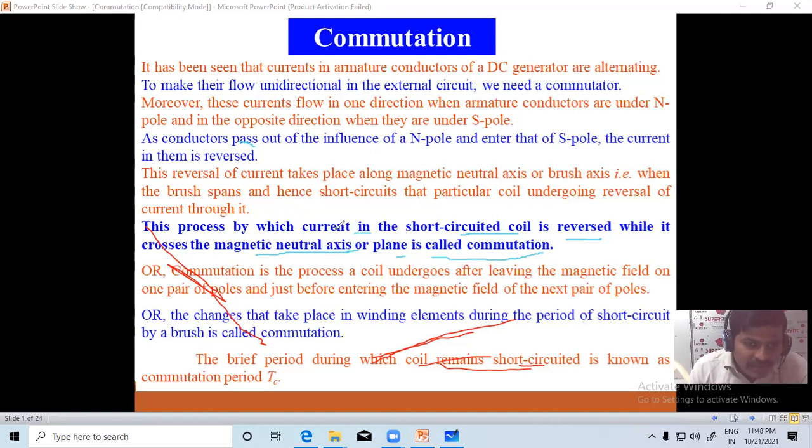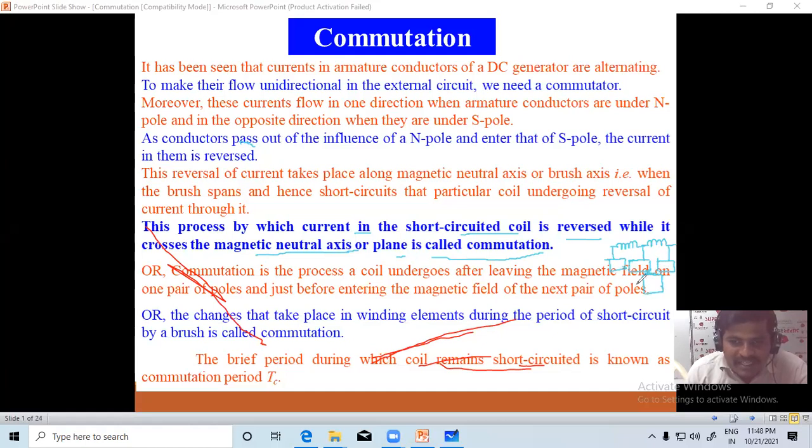See, this process by which current in the short circuited coil, suppose we have considered one coil, suppose this one is one coil, this one is another coil, and each coil is connected to a commutator segment. As we know, each coil is connected to a commutator segment, and the brush is pressed against the commutator segment.